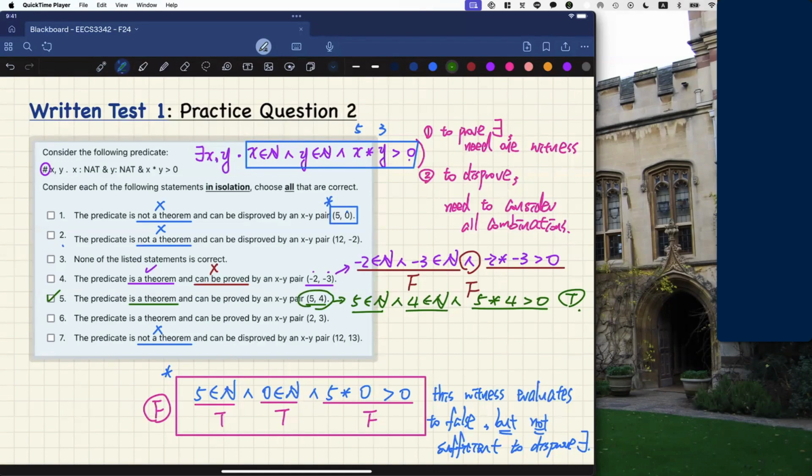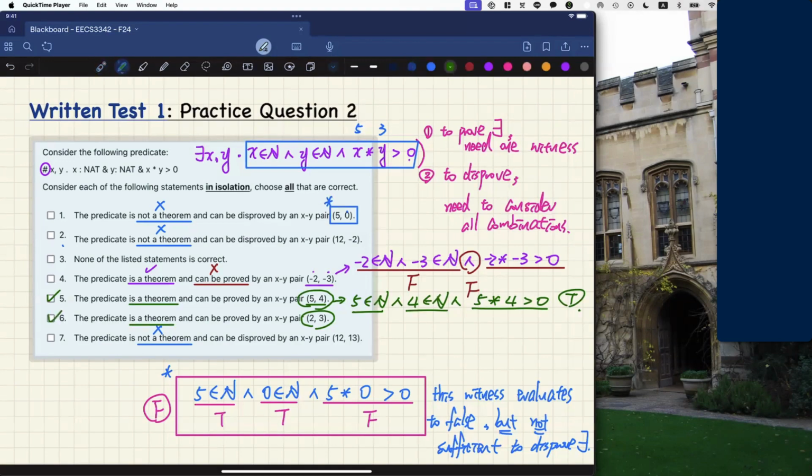Number 6 can be argued the same way. So it's a theorem, yes. And now what about 2, 3? Well, that's something I can let you do, right? 2 is a natural number. 3 is a natural number. 2 times 3 larger than 0, so it's also going to be true, right? So that can also be a witness to prove the existential quantification. So number 6 should also be chosen.